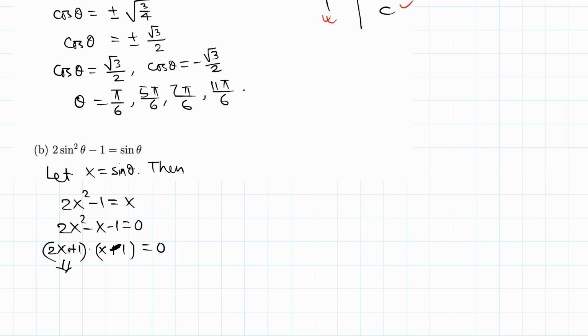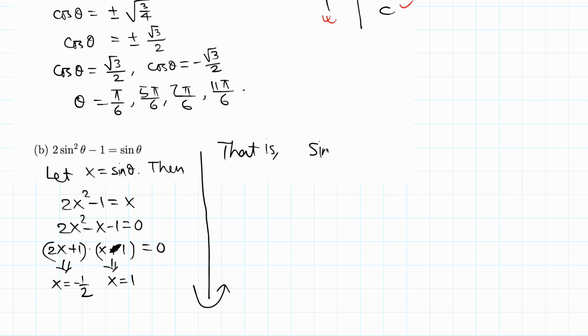The product equals 0 means either this is 0 or this one is 0. x minus 1 equals 0 means x equals 1. 2x plus 1 equals 0 means subtract 1, divide by 2, so x equals negative 1/2. Now if we back substitute, because x is sine theta, we have sine theta equals negative 1/2 and sine theta equals 1.